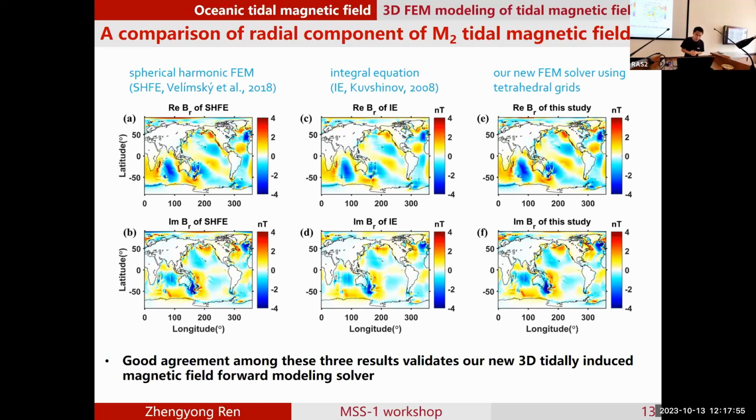And here we compare our modeling results with those obtained by a spherical harmonic finite element method and those of an integral equation method. We can see a good agreement among these results, and it validates the algorithm of our forward modeling.